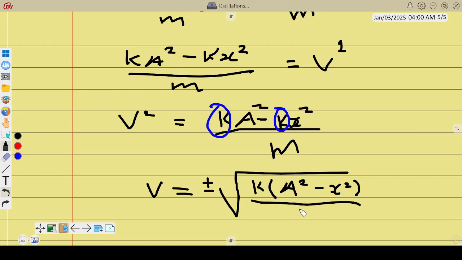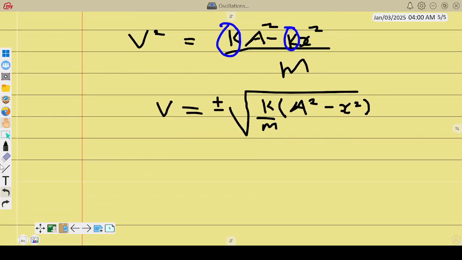The whole lot of this is over m. Remember, it's just down here, so this is like this over 1. So m is over everywhere. So this is the relationship of velocity and displacement.